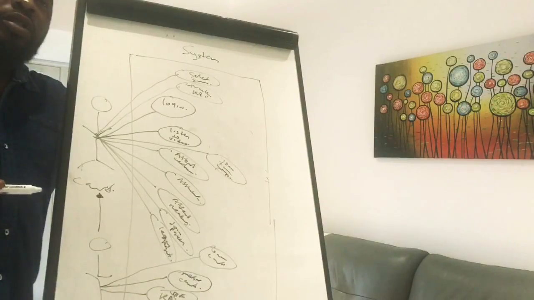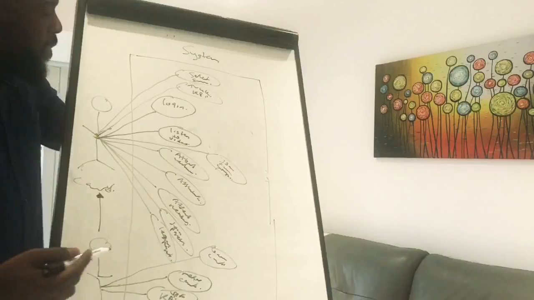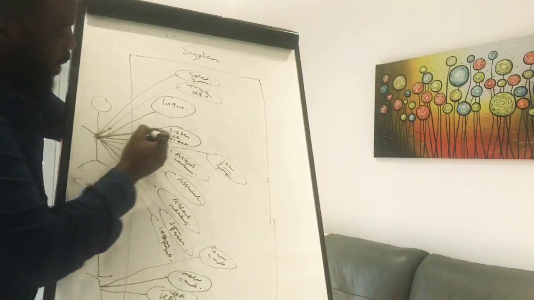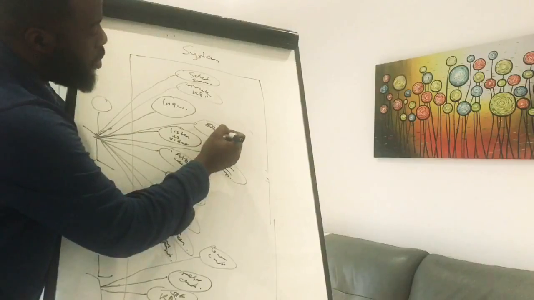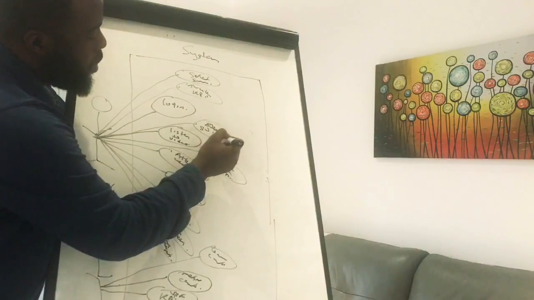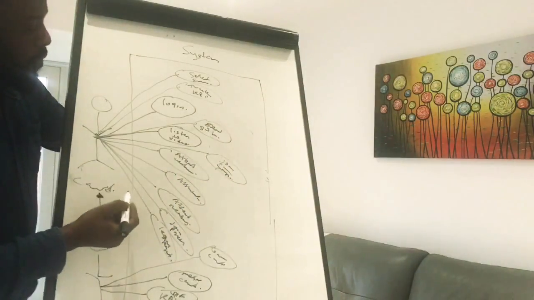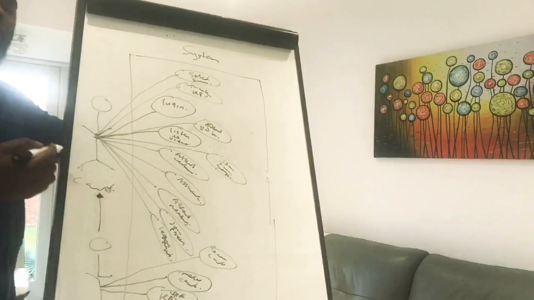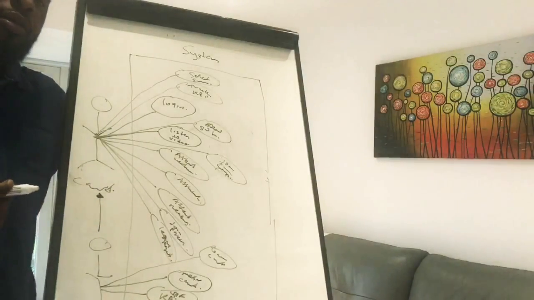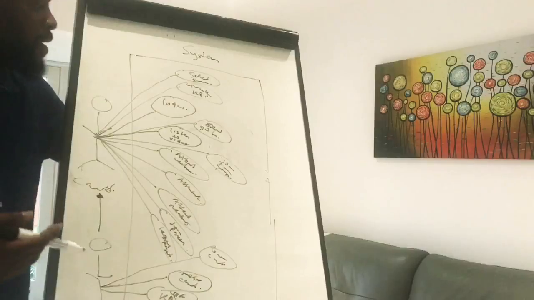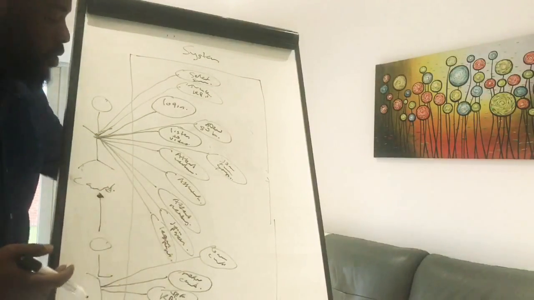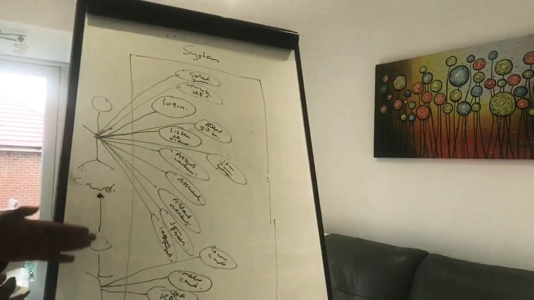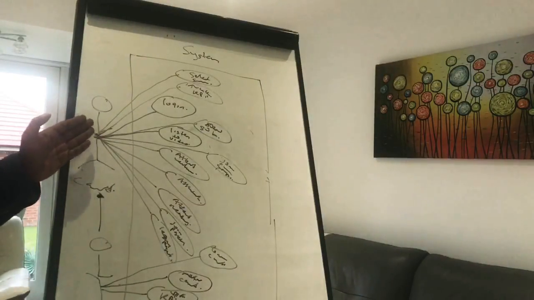We know that a candidate can subscribe and renew a subscription. When I renew my subscription, what actually happens? Those are things we want to ask ourselves. But right now, we're just looking at the basic interaction between the user and the system. So let's take each one of them one by one.